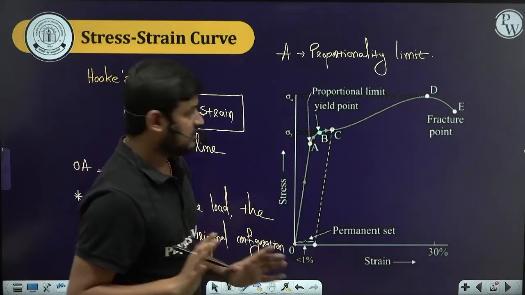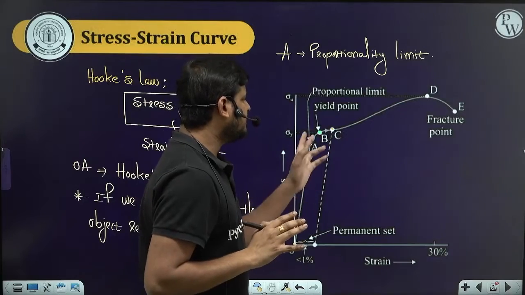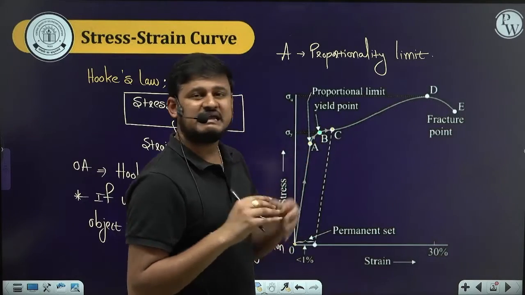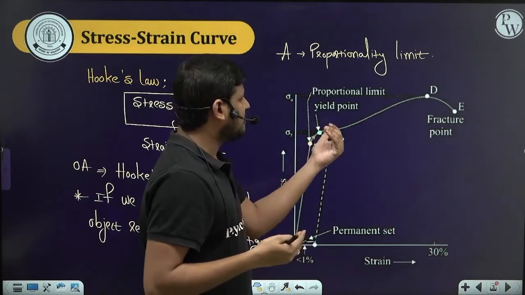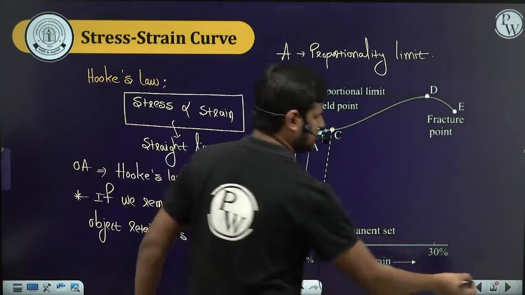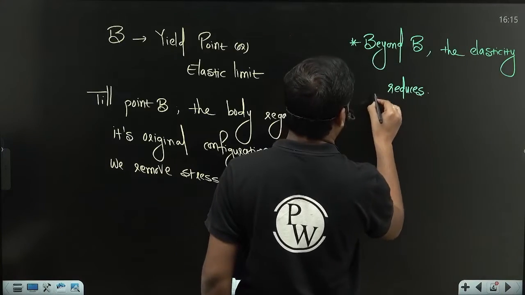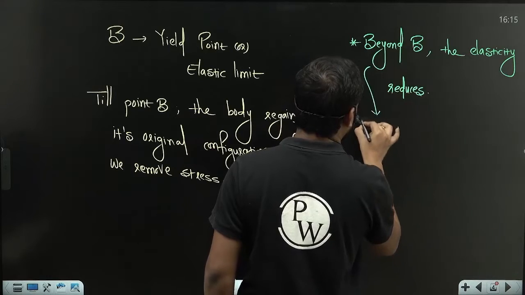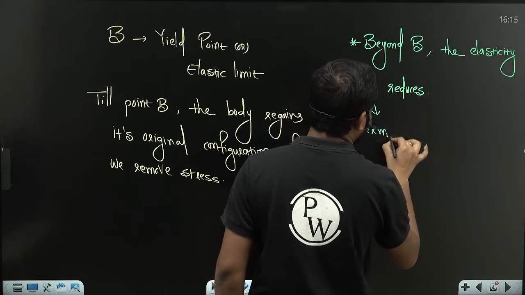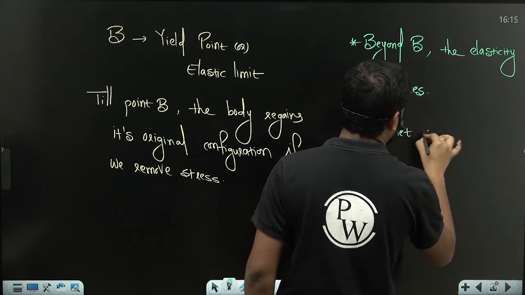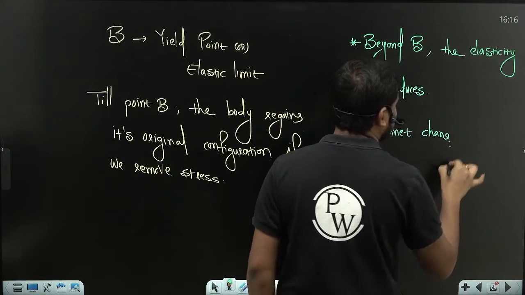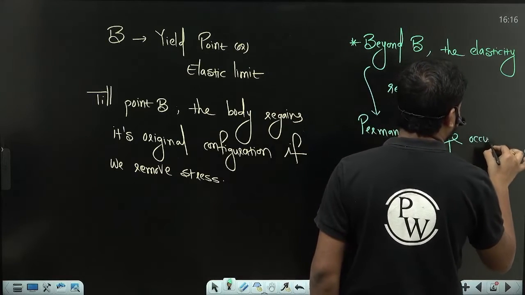Okay, fine. Now after point B, if you apply any stress, a permanent change occurs. Beyond B, permanent change occurs in the body.